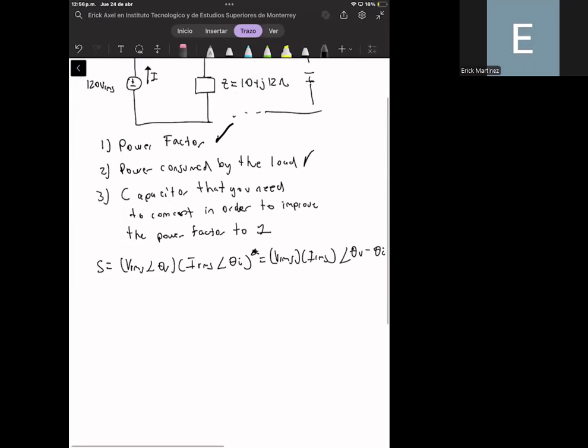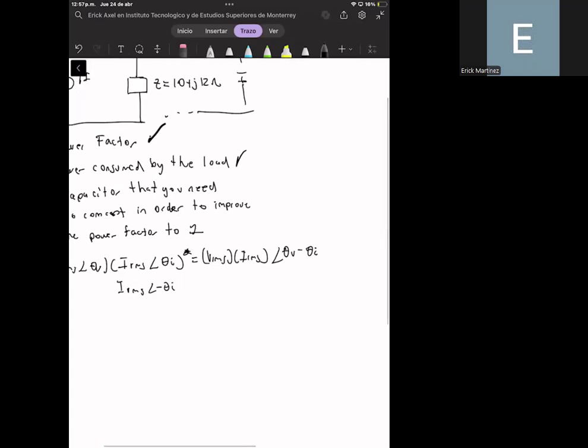Okay, here if you have the complex number in polar form, like in the case of the current, and you want to compute the conjugate, you can compute the conjugate by considering the negative sign of the angle. Okay, so you only need to change the sign here from positive to negative to compute the conjugate.